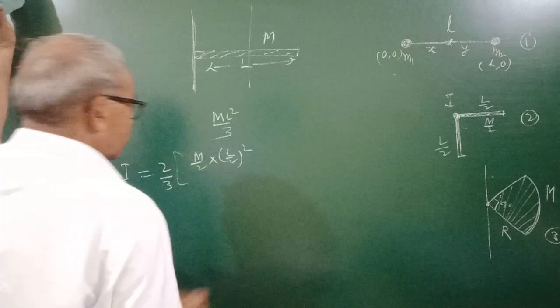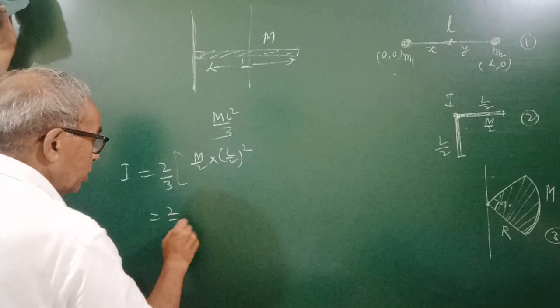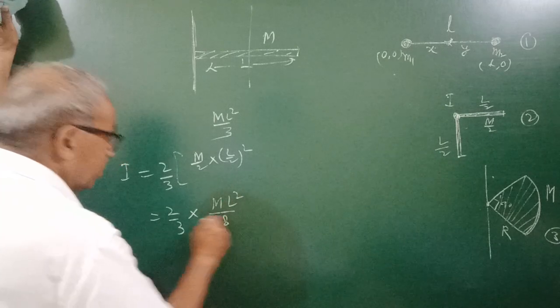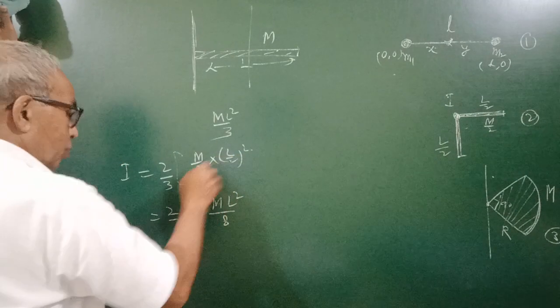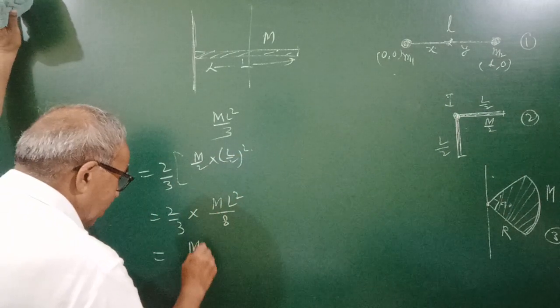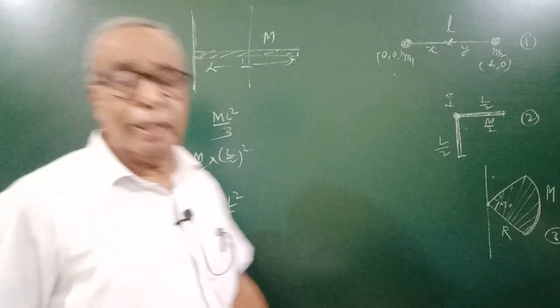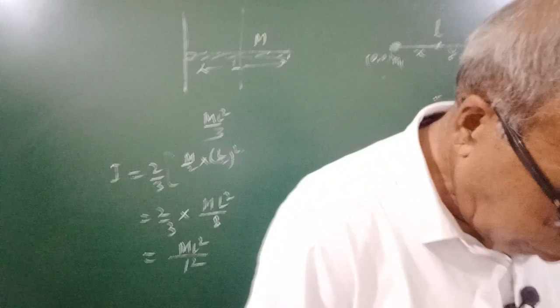You can take 3 out. So 2 by 3 into ml square by 8. 2 into 4 is 8. So it is ml square by 12.